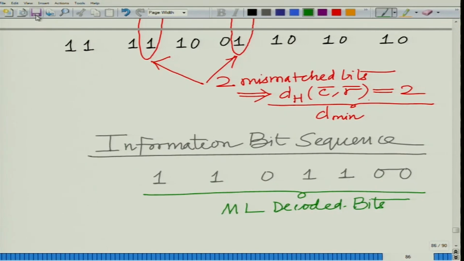Okay. So with that, I would like to stop this module here. As I have already told you, with this module we have illustrated the working of the Viterbi decoder through an explicit example by carrying it out using a trellis through several stages.